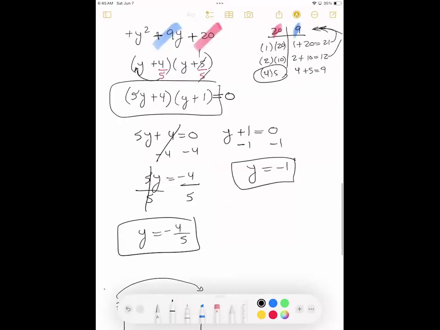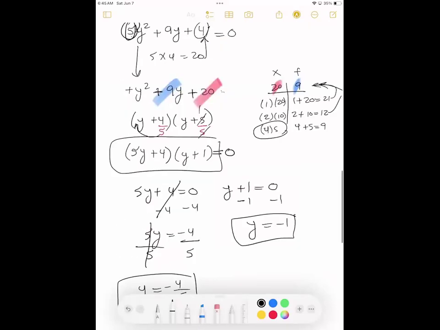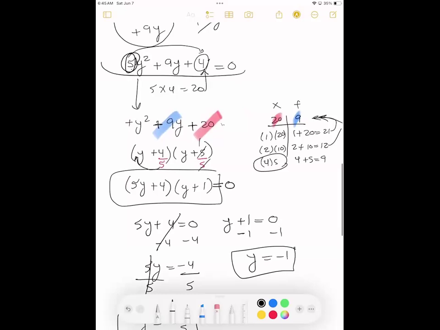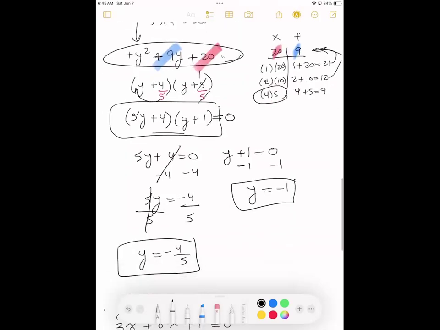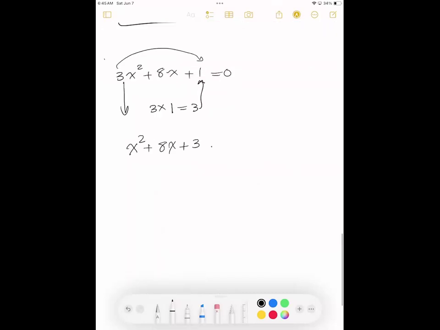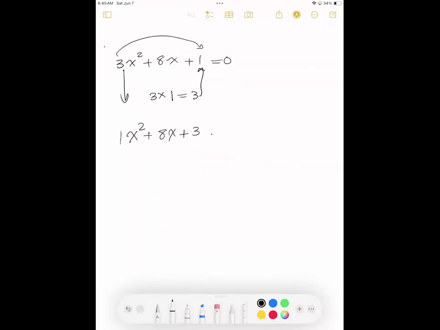Look here, I didn't put this equal to 0 because this is my equation, not this one. I just temporarily wrote that to find the factors. Once you find the factors, then you set it equal to 0. So this is 1, this is 3, then you try to factor. You want to find two numbers to multiply to give you 3 and add to get 8.